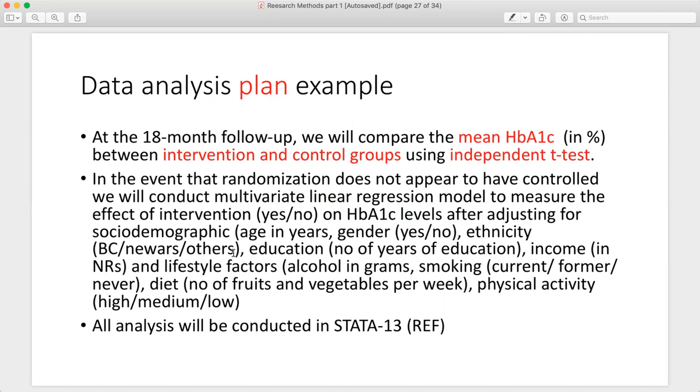And here one tip is that if your variables can biologically be continuous, then do not break them into categorical variables. For example, age: don't make it less than 18 years or more than 18 years, or 10 to 20, 20 to 30, 30 to 40. You can just use age in years. Similarly, education, you can just use number of years of education.